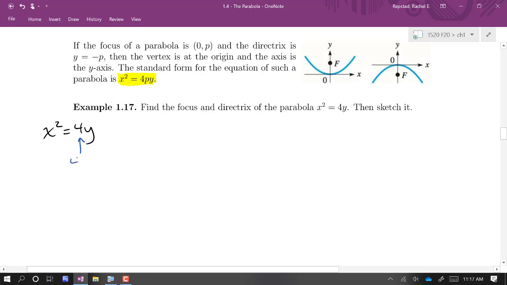So this means that 4p is equal to 4 and p is equal to 1. So our focus is the point 0, 1, because it's on the y-axis, and the directrix is the line y equals -1.